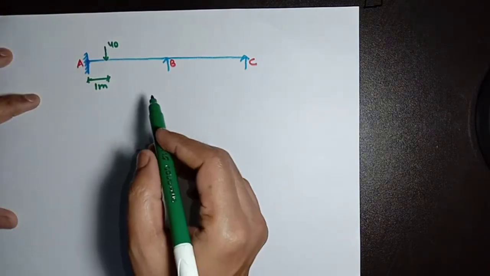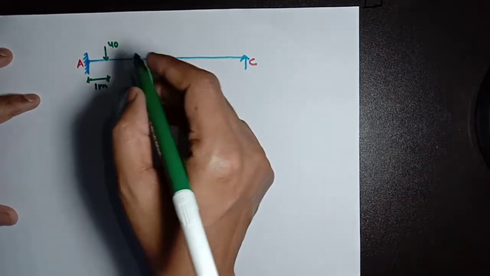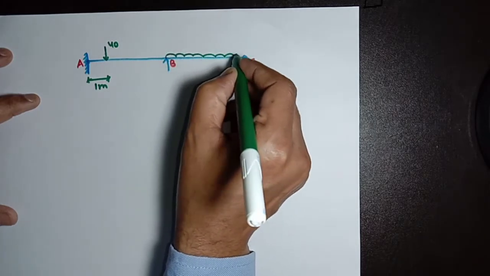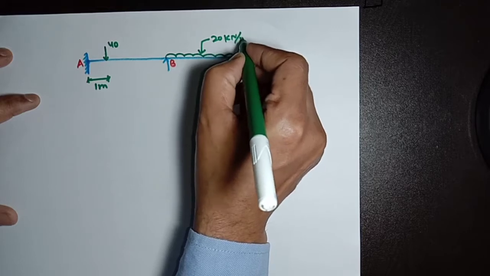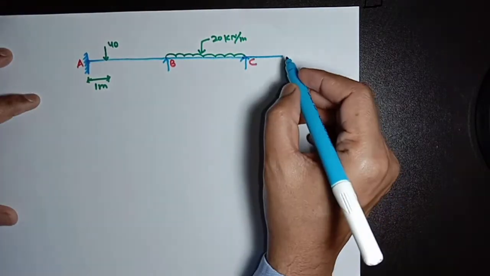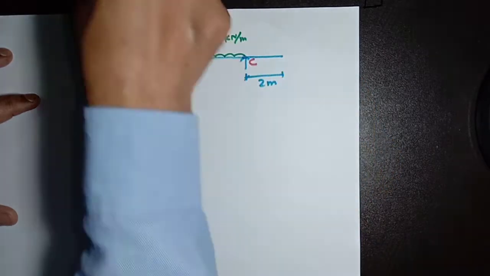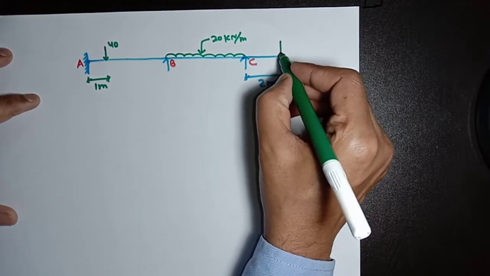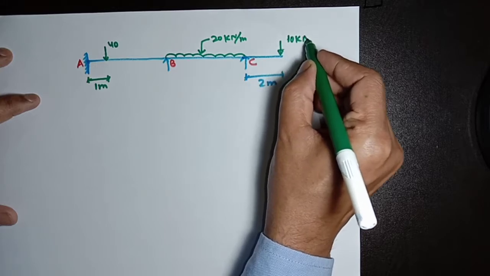And there is a UDL of 20 kilonewton per meter acting here, and there is an overhang length of 2 meter from support C, having a point load of 10 kilonewton at its tip.